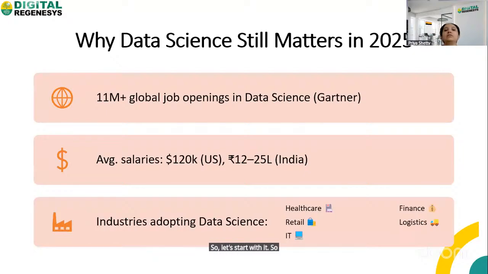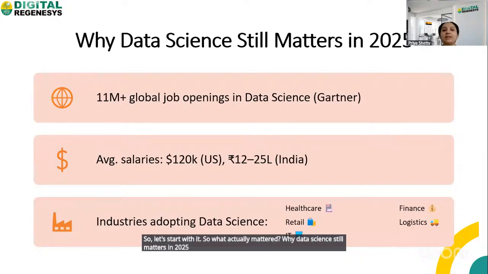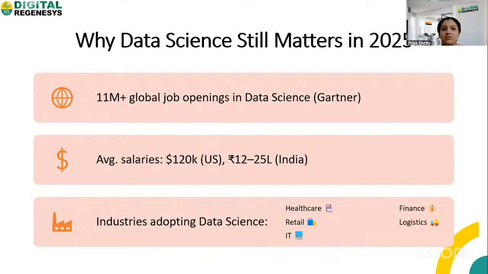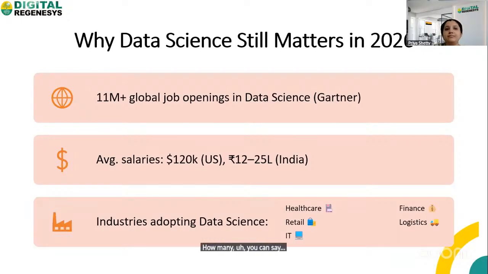So why does data science still matter in 2025 or 2026? How many decisions today are made using intuition alone? How many decisions do we make using previous data?